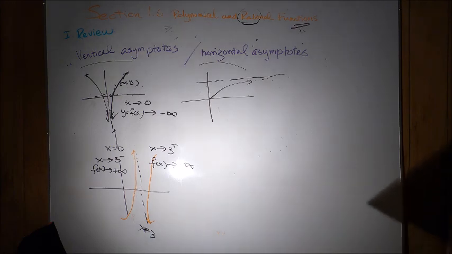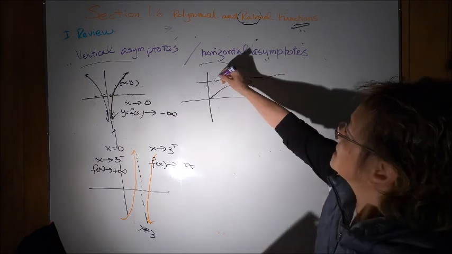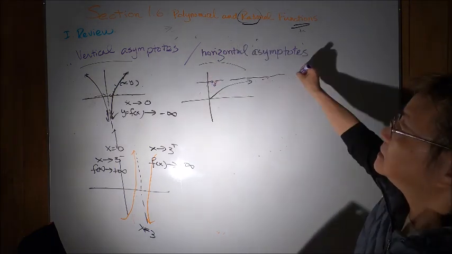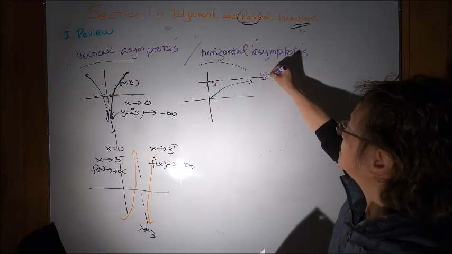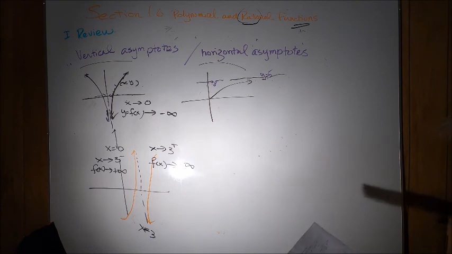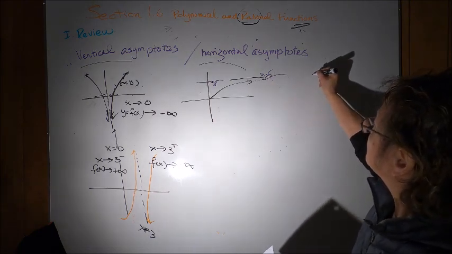For horizontal asymptote, how does it look? Like this one, if this is pi, how do you write this boundary line? You write y equals pi. So that means when x approaches what?